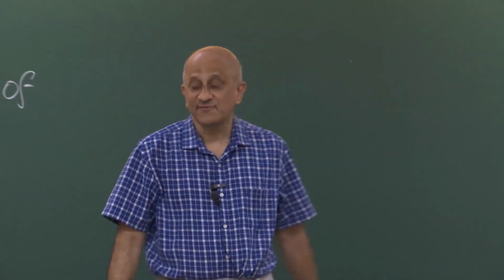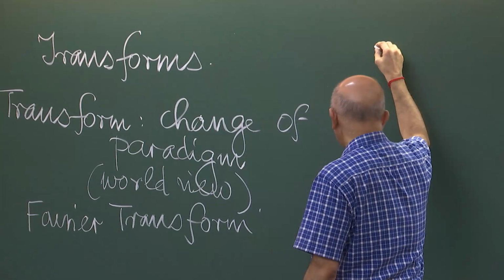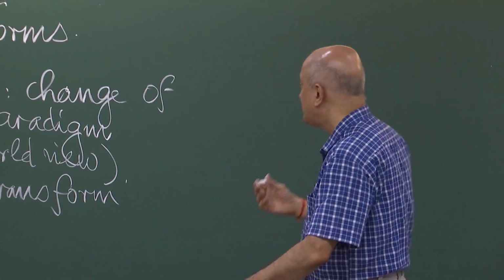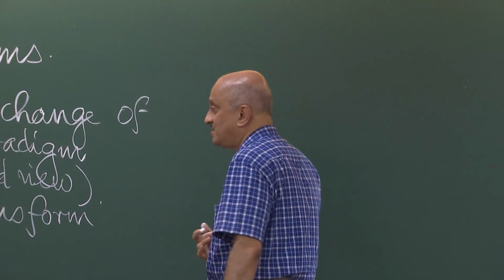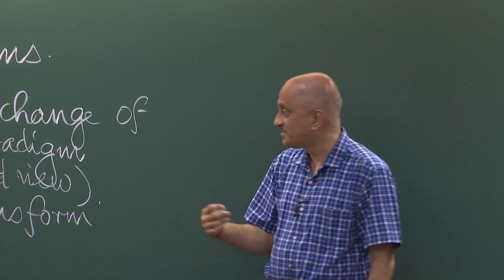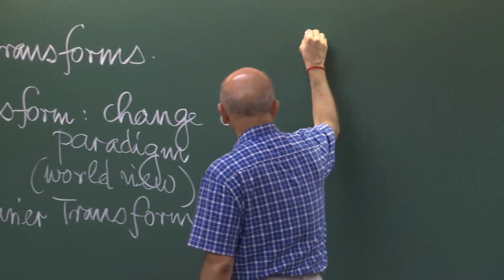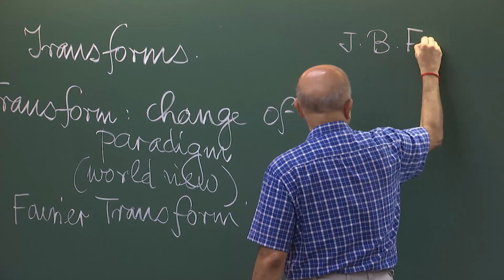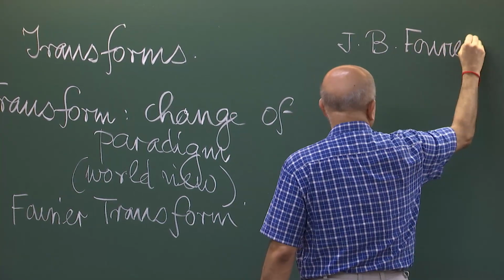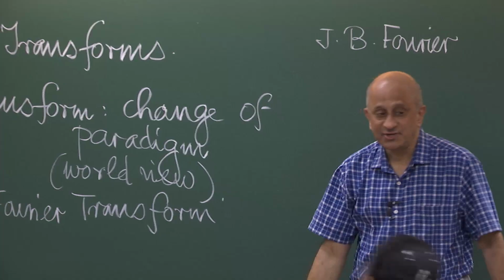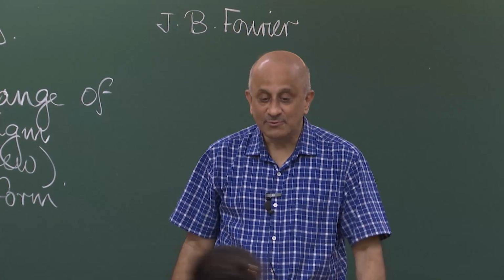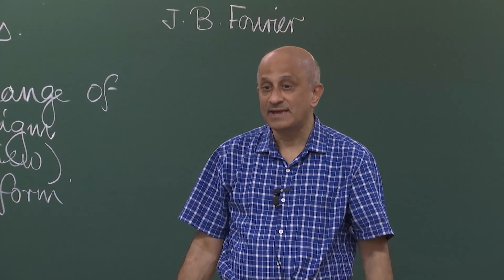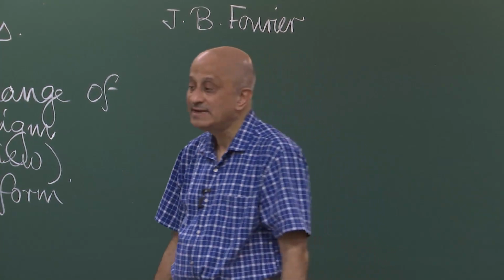The Fourier transform is named after you can call him a mathematician, scientist, in those days, more than 2 to 3 centuries ago. I think his name was Jean-Baptiste, but anyway, I'll just say J.B. Fourier. Now, Fourier actually was studying the propagation of heat waves, propagation of thermal energy, right?